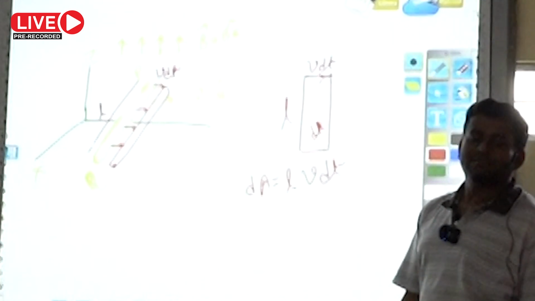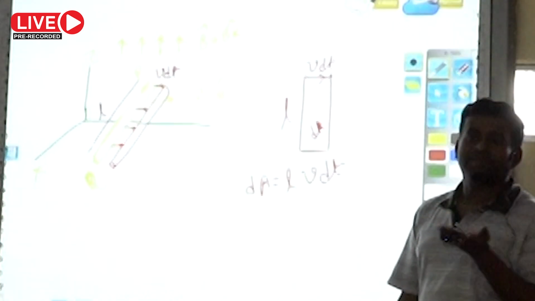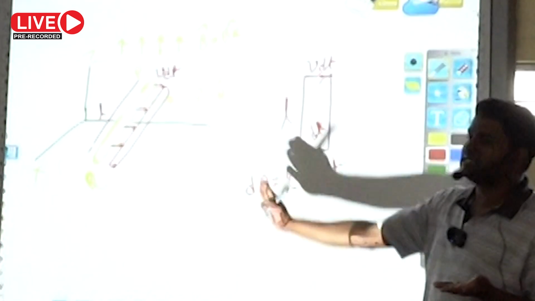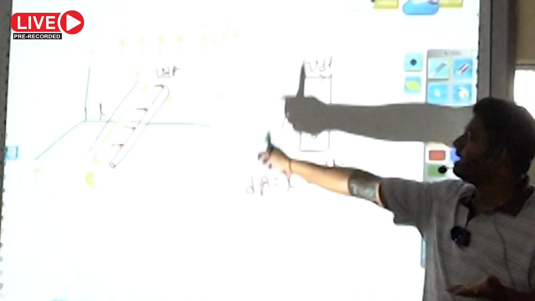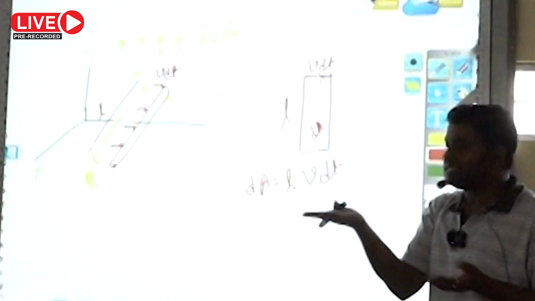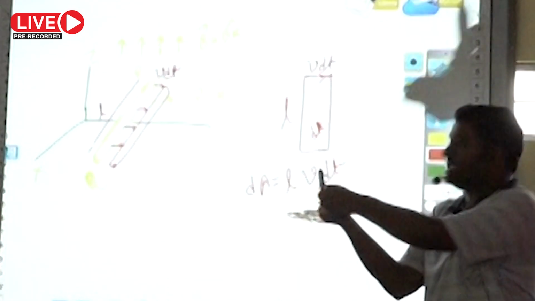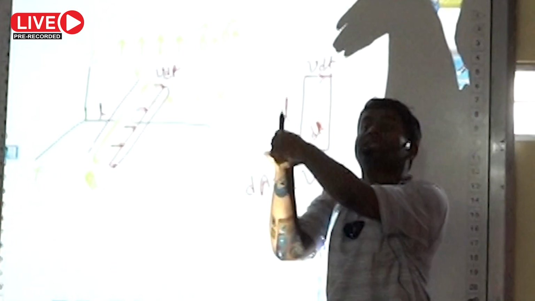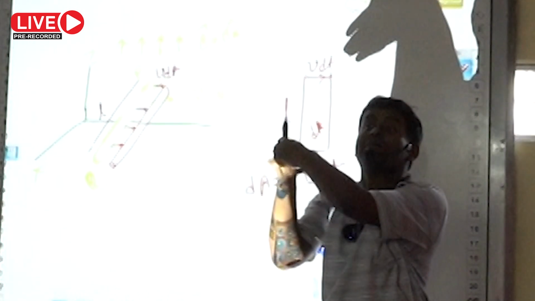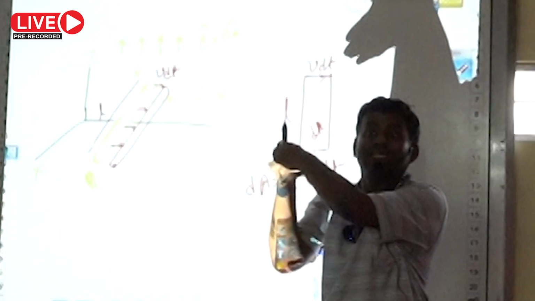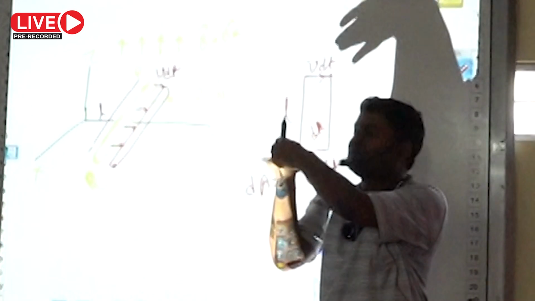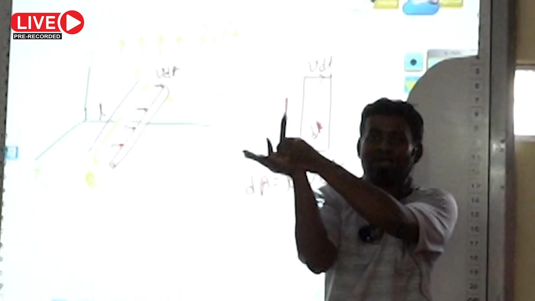Now, in which direction is the magnetic field present? Perpendicular to this area. The area is in one direction, and the magnetic field is also above. The magnetic field is perpendicular to this area. So what is the angle between the area vector and the magnetic field? Not 90, it's 0, because the area vector is perpendicular to the area.